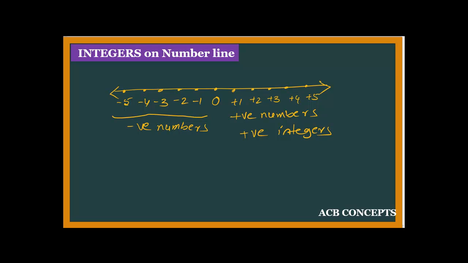These negative numbers are called as negative integers. What are the negative integers? Minus 1, minus 2, minus 3 and so on. What are the positive integers? Plus 1, plus 2, plus 3, plus 4. What about that 0? 0 is neither negative nor positive. It is neutral. Okay.